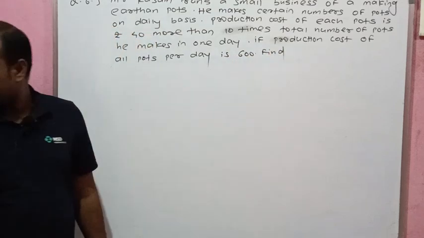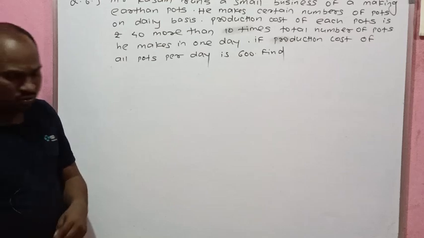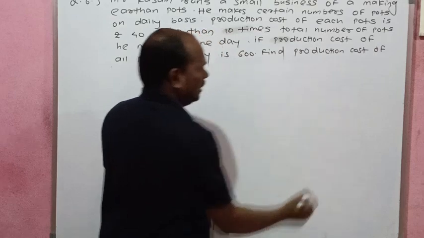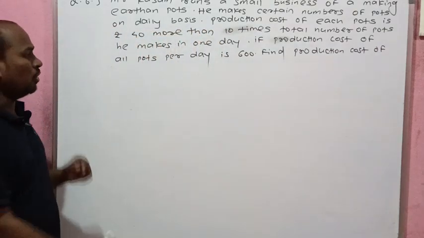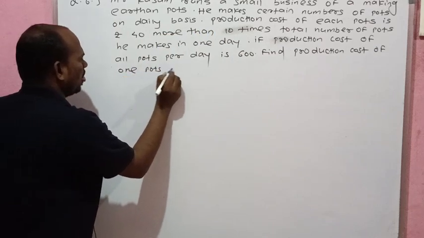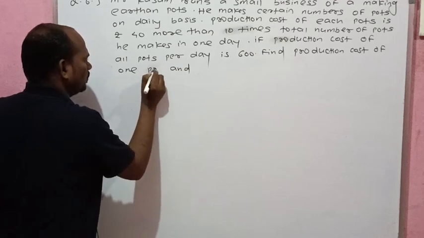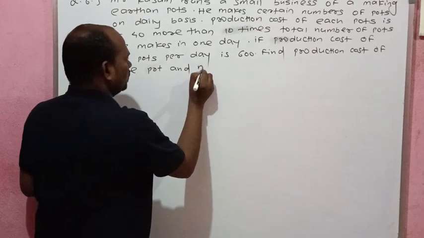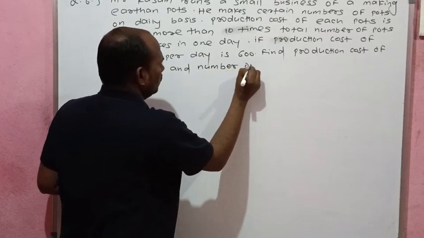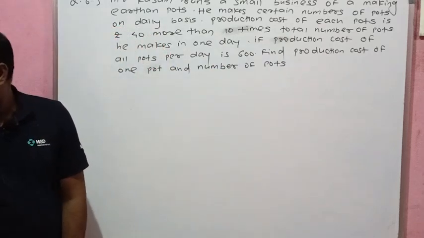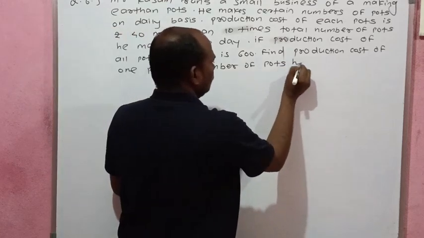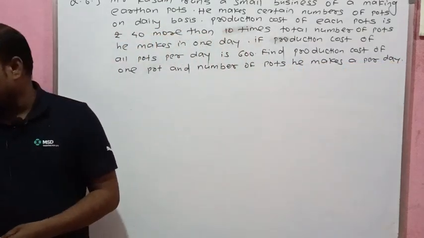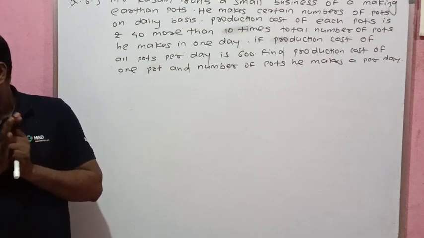Find the production cost of one pot and the number of pots he makes per day. Now we can see the question.